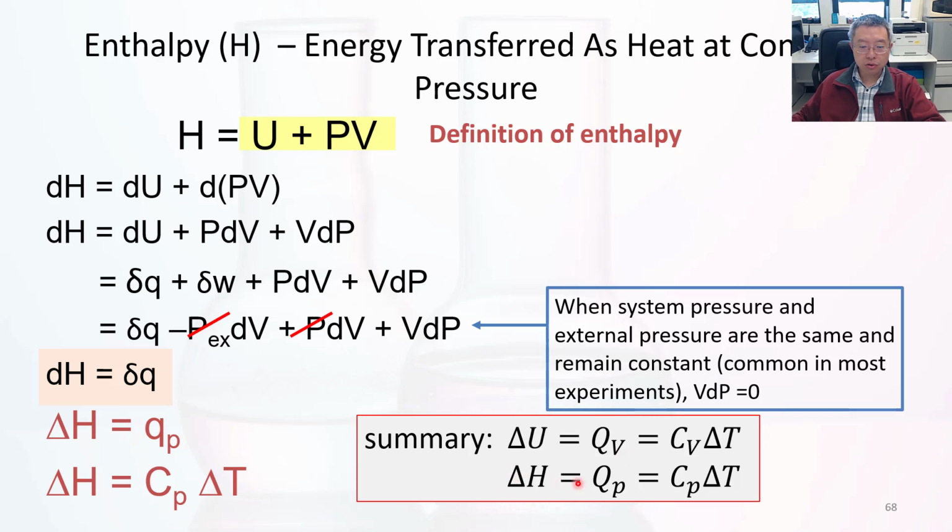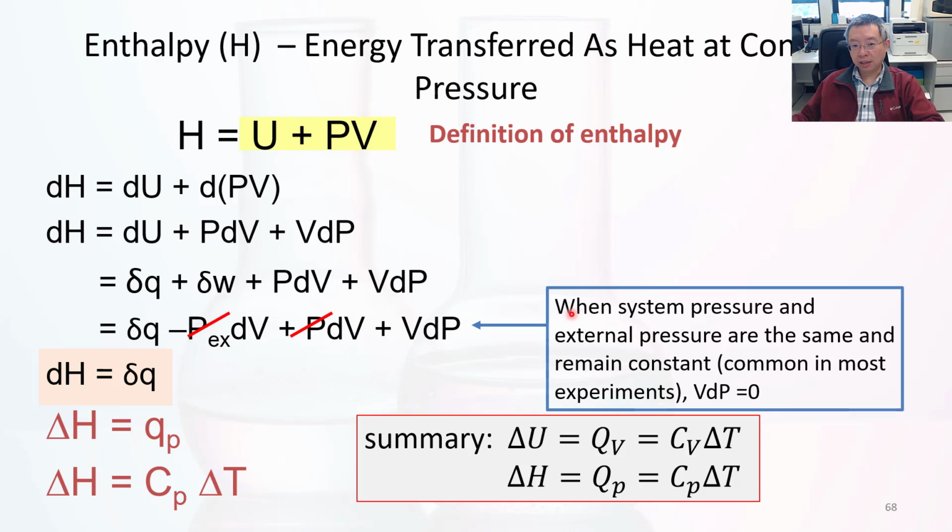And delta H equals Q_P means delta H is the heat at constant pressure with no extra work. A lot of the time in exams, I see students just using delta H equals Q, or delta U equals Q, no matter what. That is wrong. It comes with conditions: there is no extra work, and either constant volume or constant pressure.